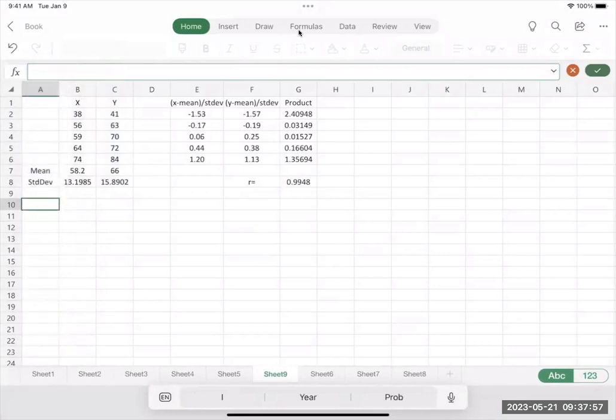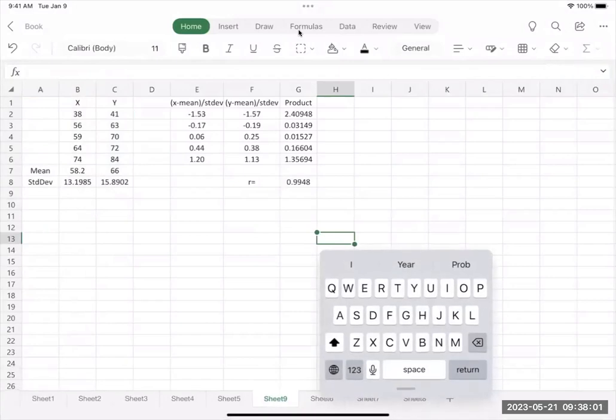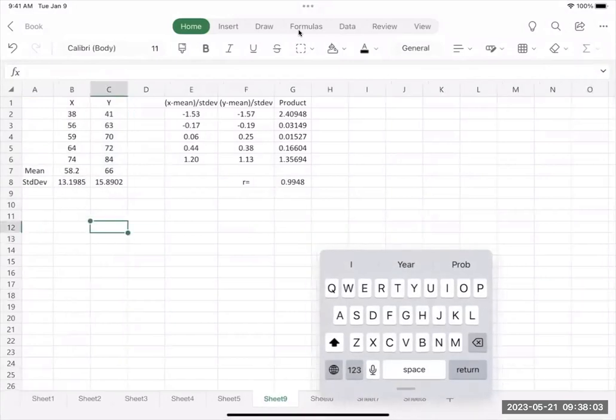How can we get R out of Excel? What is R? So we've shown that it's a measure of the direction and strength of a linear relationship between two quantitative variables. I've shown you what that means, and how we get that because of the way the formula is set up.